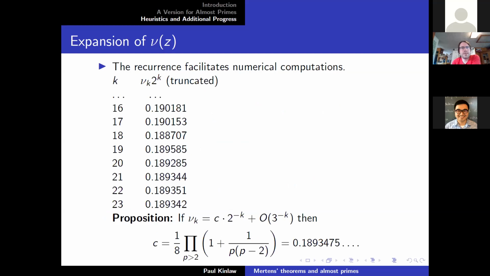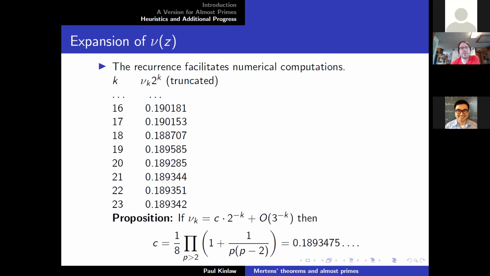And so here are the numerical computations, and we're actually comparing nu_k to 2 to the negative k power, and we observe the following pattern. So if we look at the ratio, so this is nu_k times 2 to the k, it appears that it's approaching a limit, so it's about 0.18934.